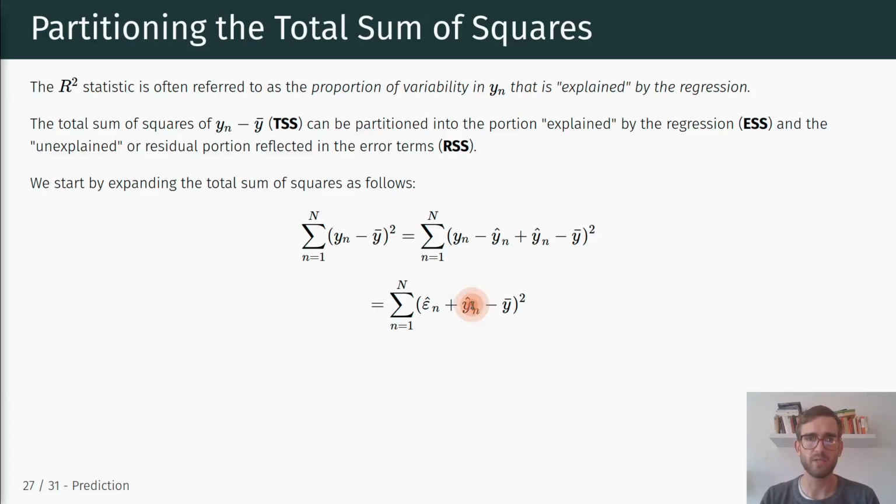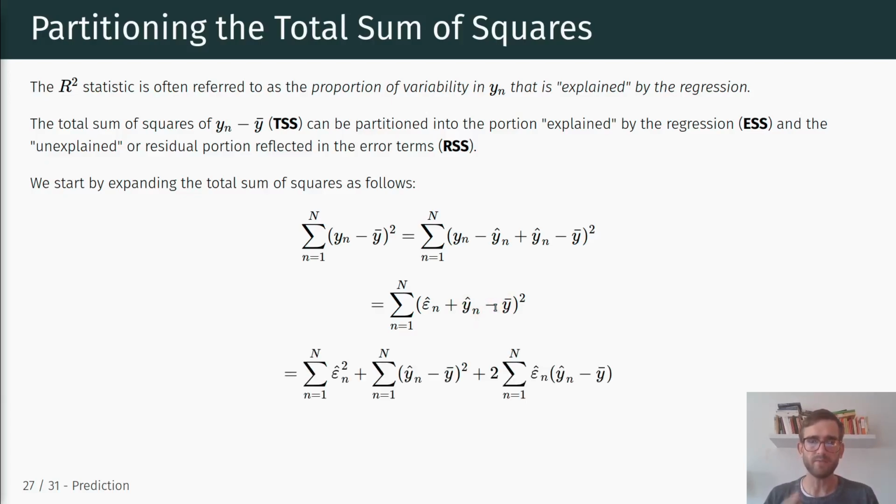And we have the second part, y hat n minus y bar, that still stays the same. After we have done this, we can multiply out this square, and we will treat this as two parts. One is epsilon hat n, and the other one is y hat n minus y bar. So think of this as one unit, and this is the other unit, right?